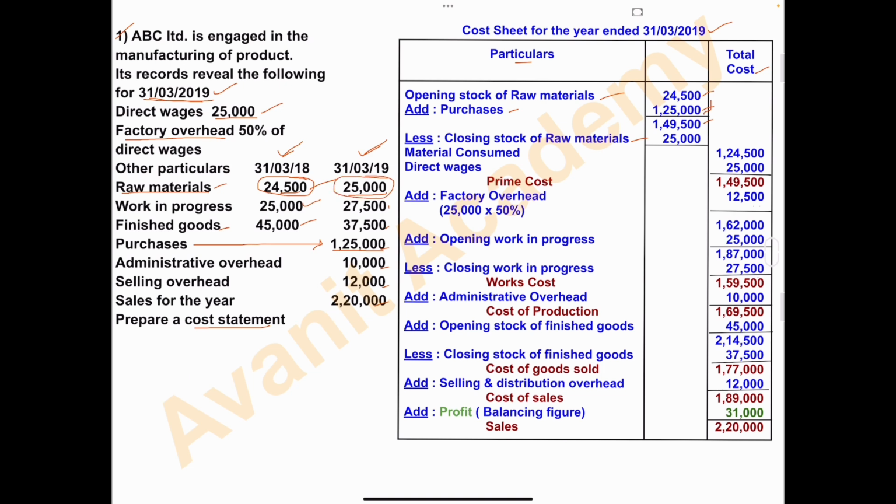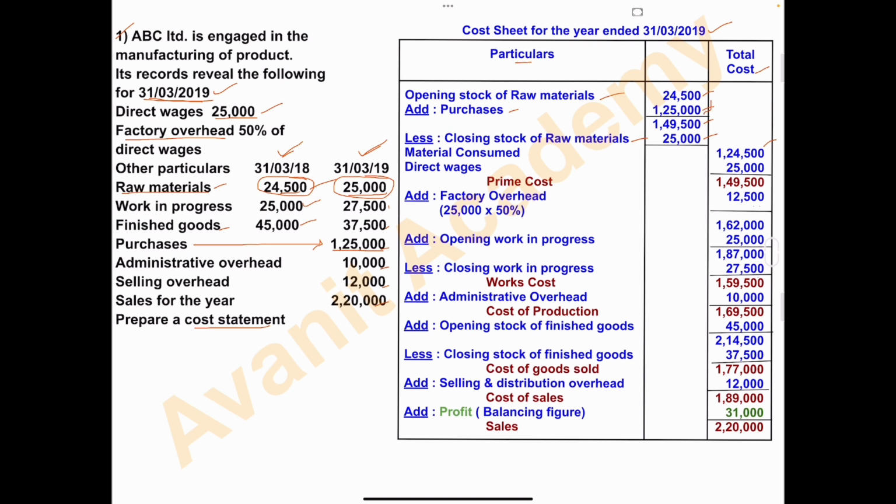Right here, 25,000. Now, 1,49,500 minus 25,000, you will get 1,24,500. Write in the total cost column. This is the final amount, 1,24,500.